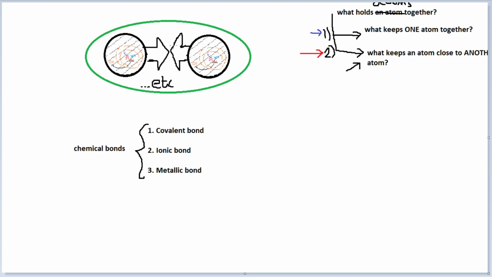So each one of these bonds, covalent bond, ionic bond, metallic bond, can only be between 2 atoms at a time. If I want to chuck in a 3rd atom to be part of the story, I can, but then it has its own bond to either this atom or this atom, not both.